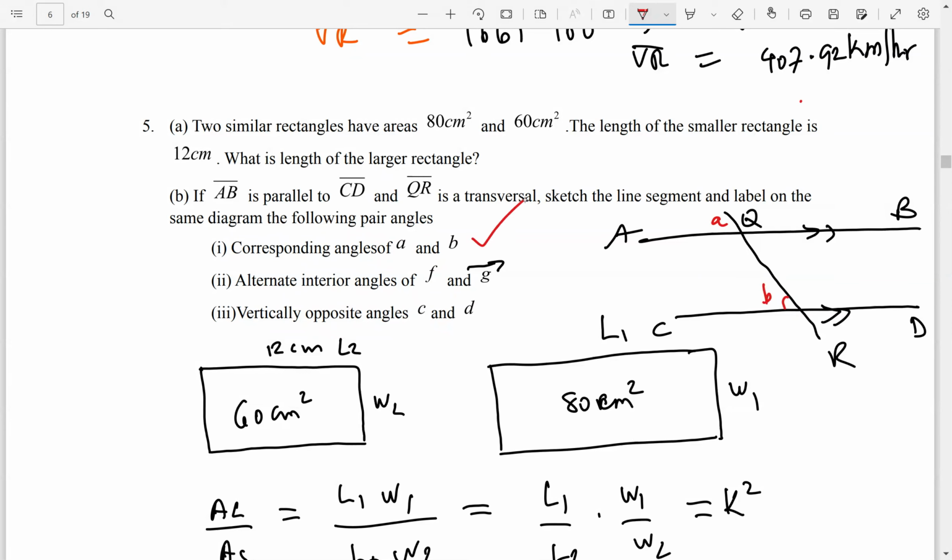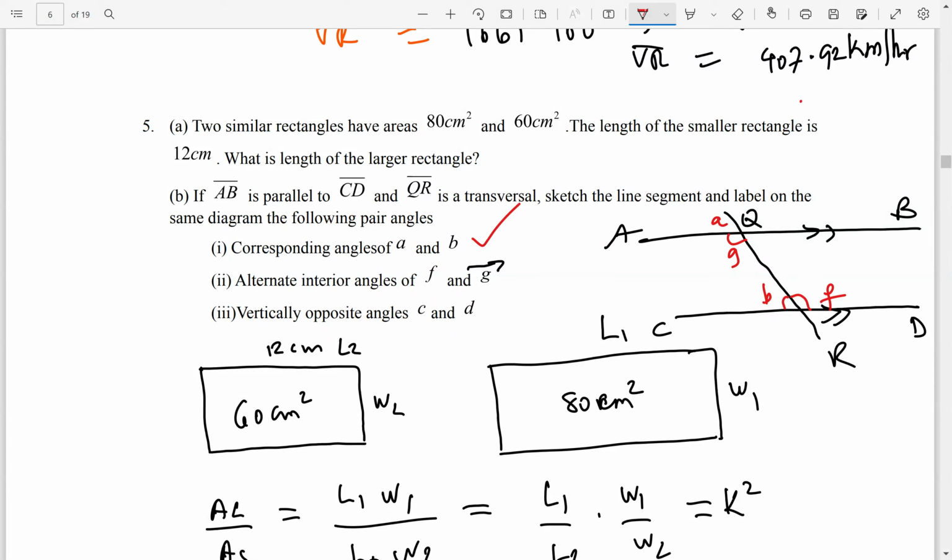That is case 1. Alternate interior angles F and G. So if this is going to be F, this is going to be G here, and these two angles are alternate interior angles.